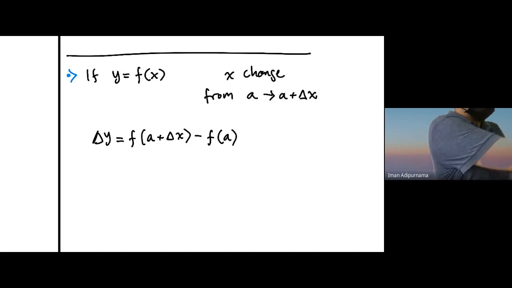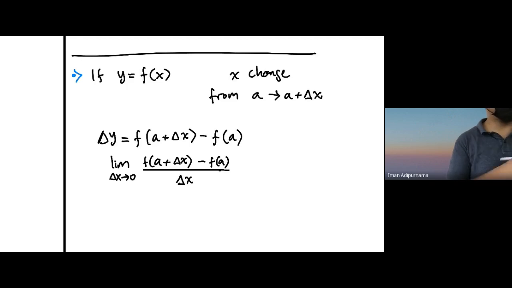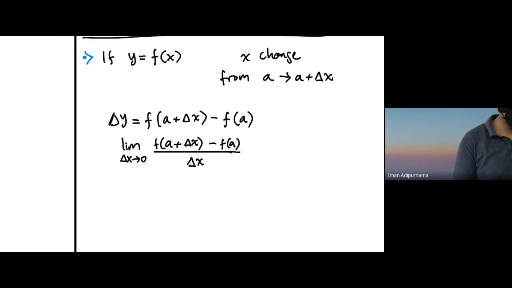So when you increase delta x, there will be an increase of delta y. So in a limit rule, if we take delta x closer to 0, and we divide by delta x, it's similar to what we have done in the limit definition.